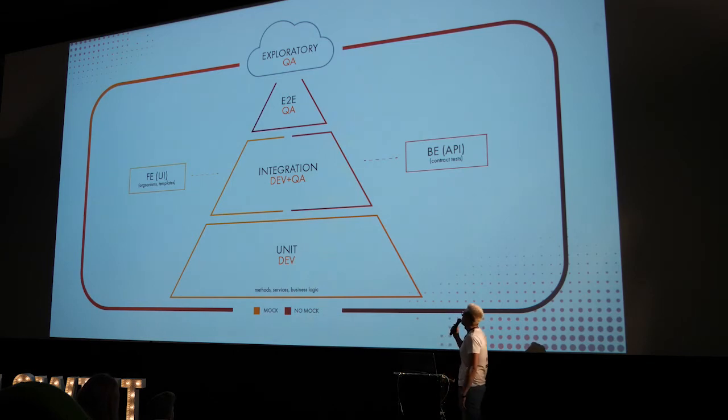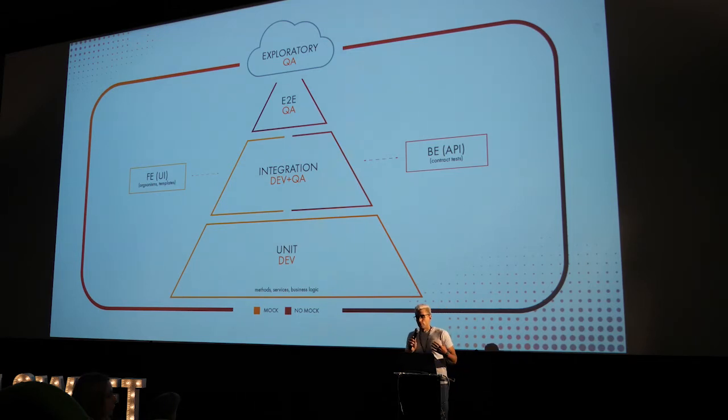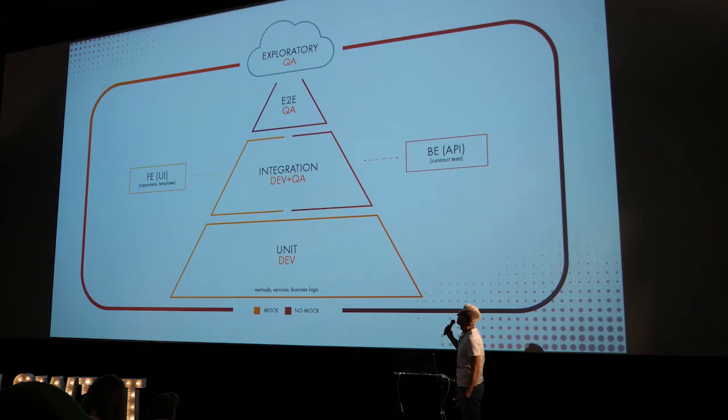And at the very top, we have exploratory tests, QA, so a few manual tests. So the idea is, if we look from bottom to top, we should have more unit tests than integration tests, more integration tests than end-to-end, and of course, more end-to-end than manual tests. That's the idea.